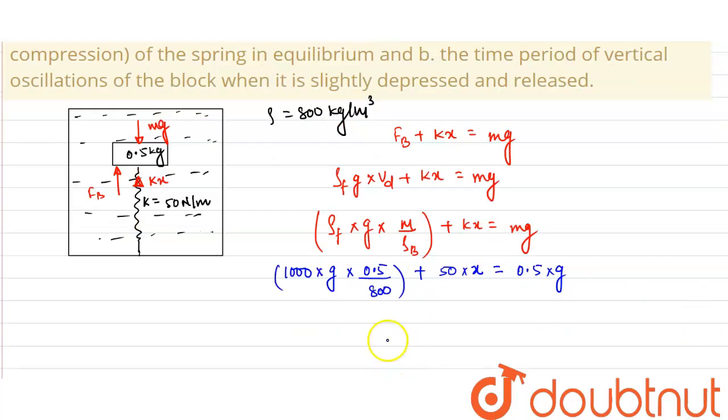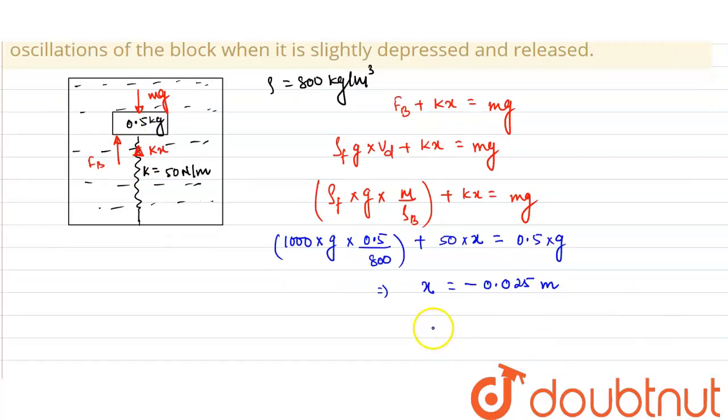So from here we get x comes out to be minus 0.025 meters, or x will be minus 2.5 centimeters.